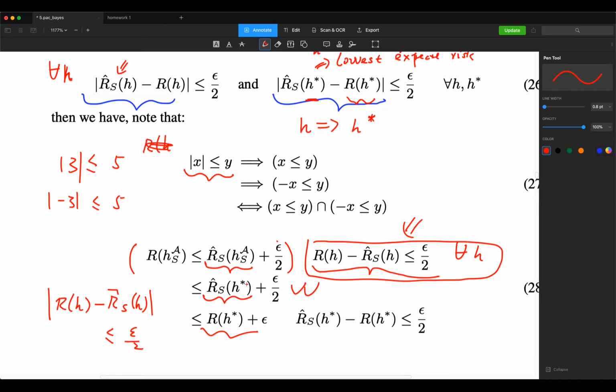And therefore, we need to add up these things together. That's why we are having this term and this term adding together. We're getting ourselves just epsilon. All right, that's all we are actually doing.